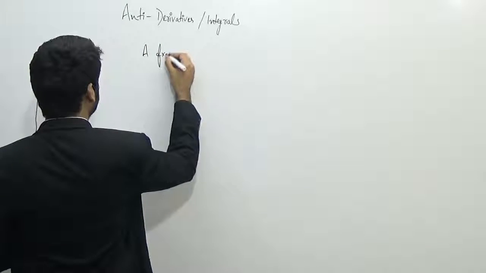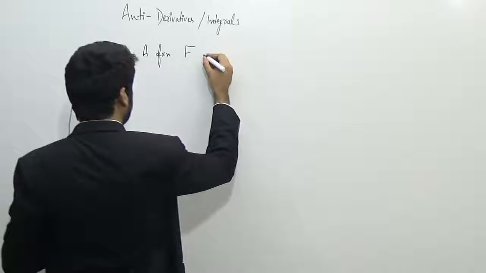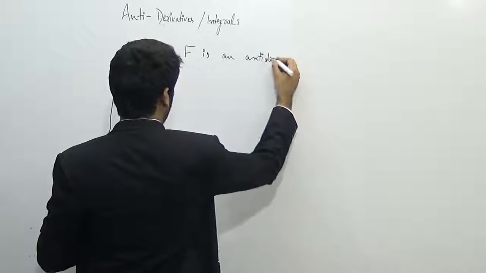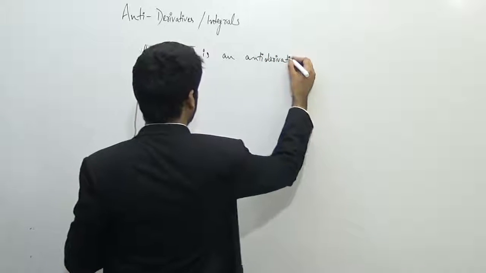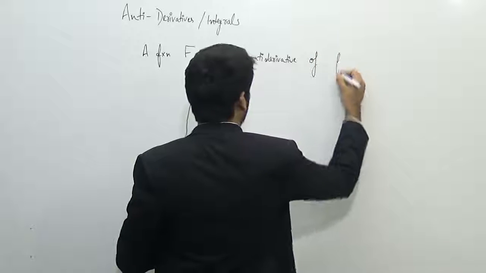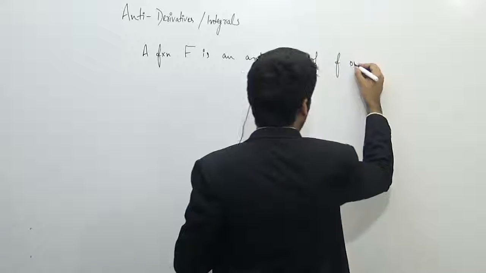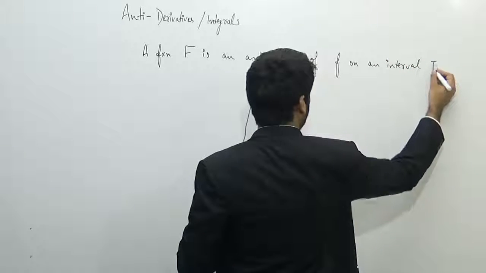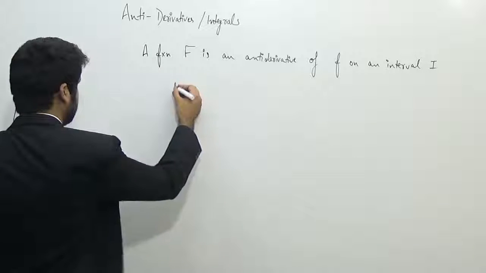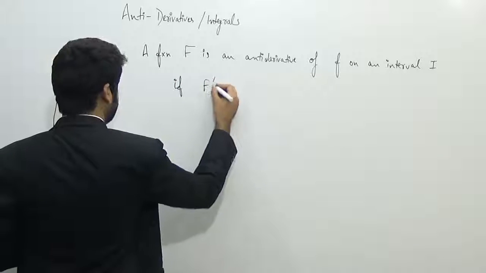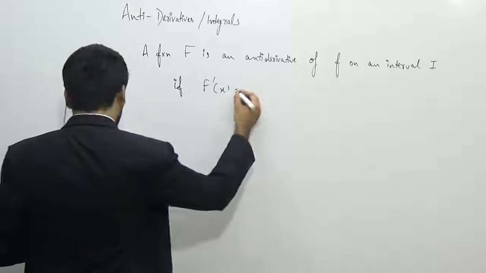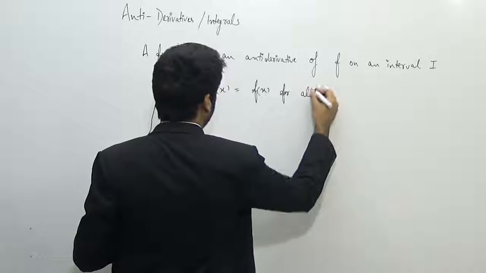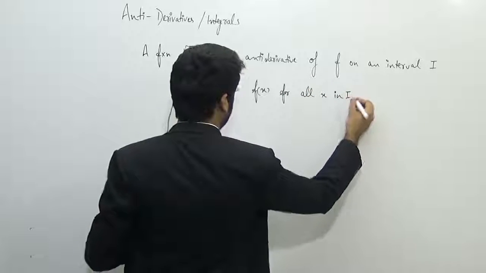A function capital F is an antiderivative of function small f on an interval I if F dash x, where F is capital, is equal to f x for all x in the interval I.